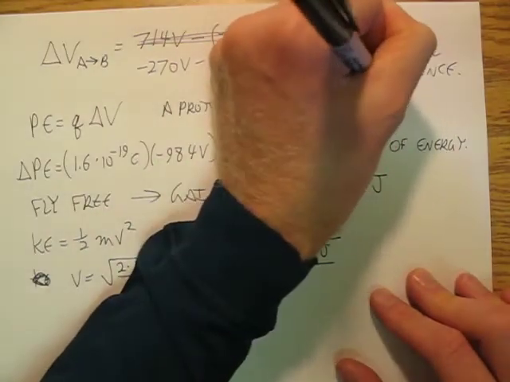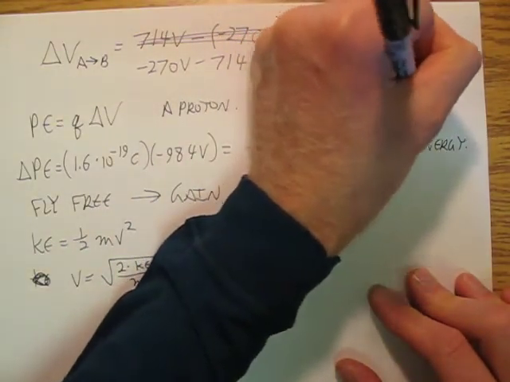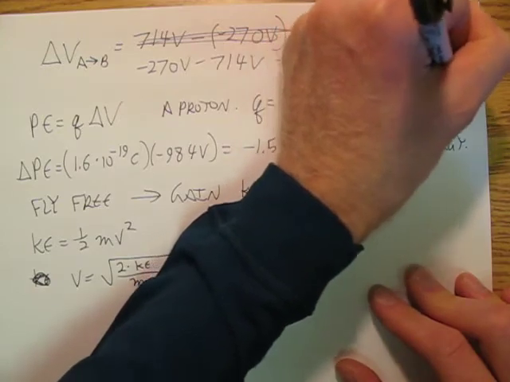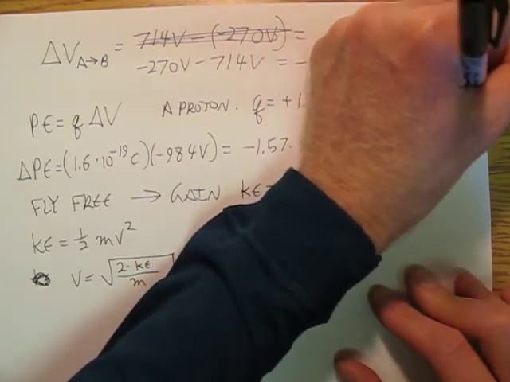So the mass of a proton is 1.67 times 10 to the negative 27th kilograms.